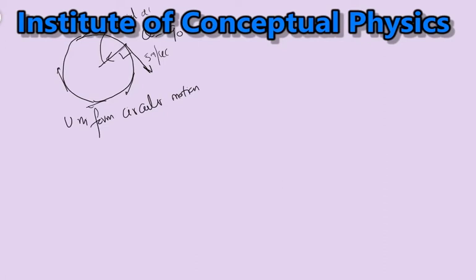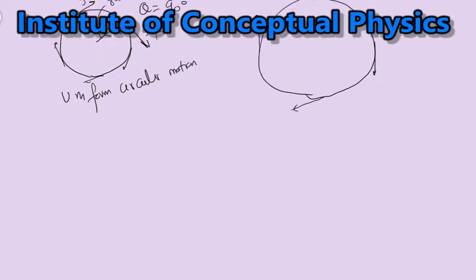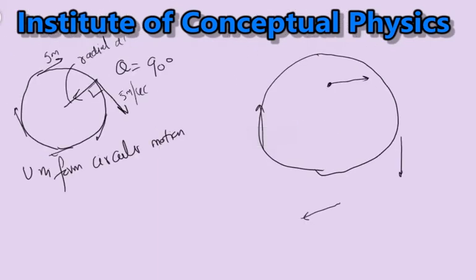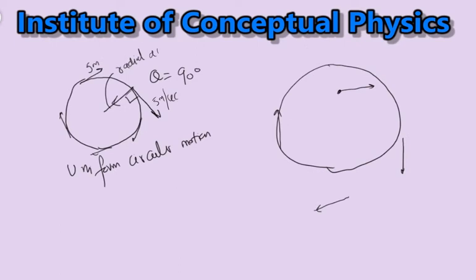So if you were to talk about non-uniform circular motion, okay, which is this, not only does the direction definitely change, just like uniform circular motion, but the second thing that happens here is that you have a change in magnitude also.